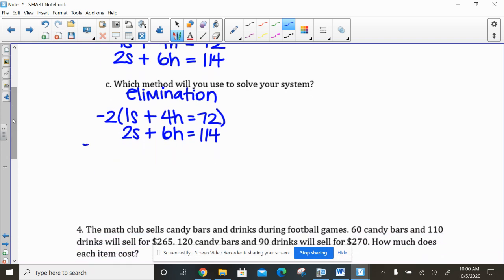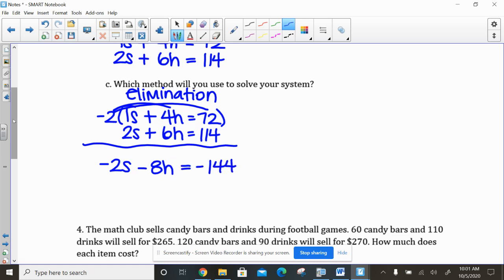So I'm multiplying and I get negative 2S. Negative 2 times the 4 is negative 8H. And then negative 2 times 72 is negative 144. So equals negative 144. And then I just bring down the other equation.